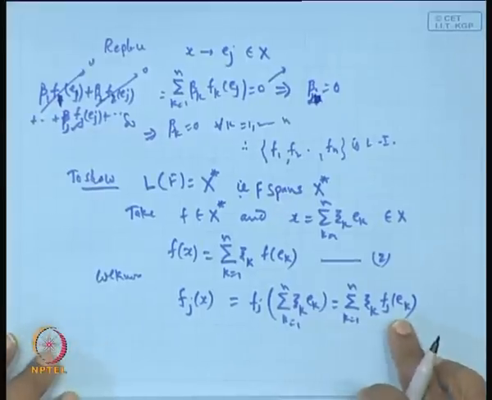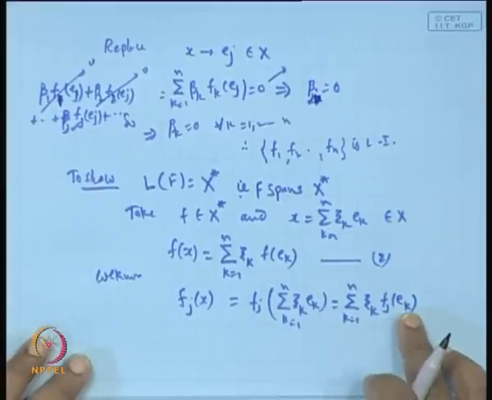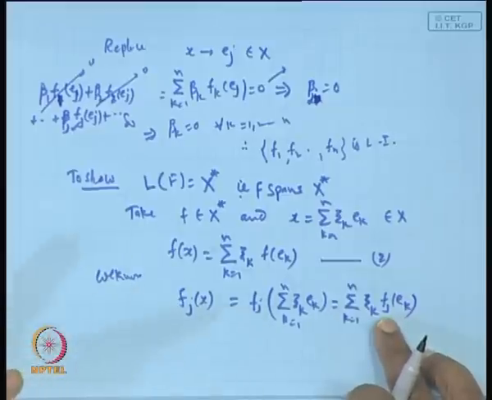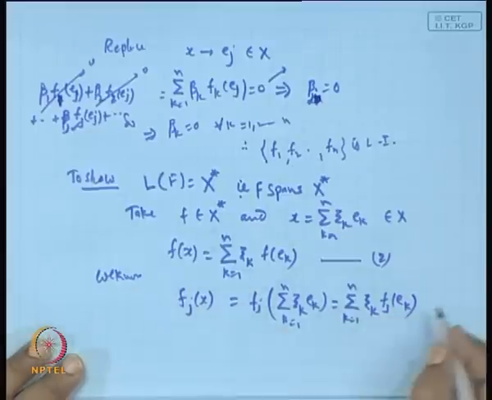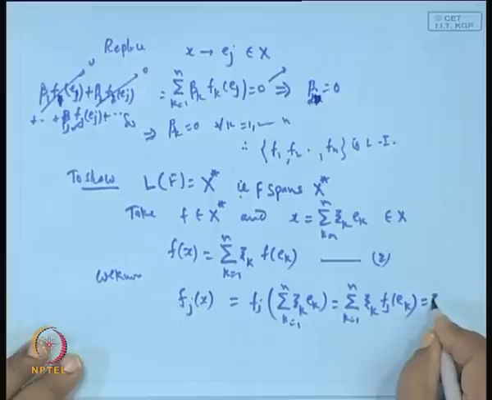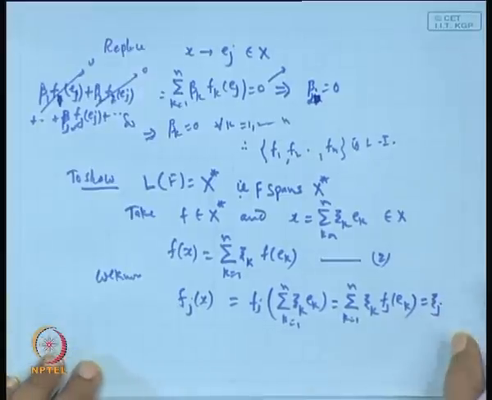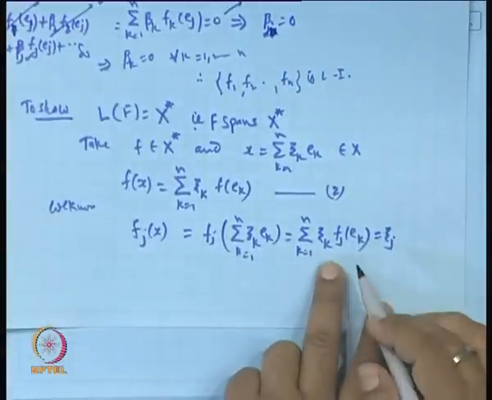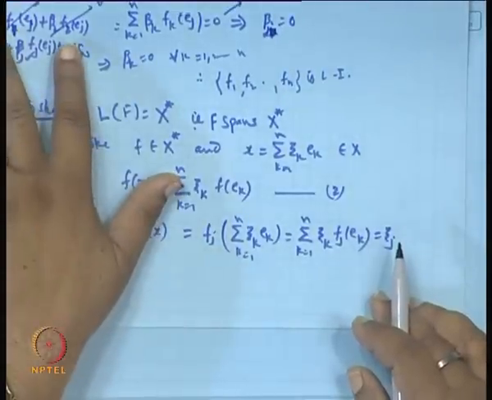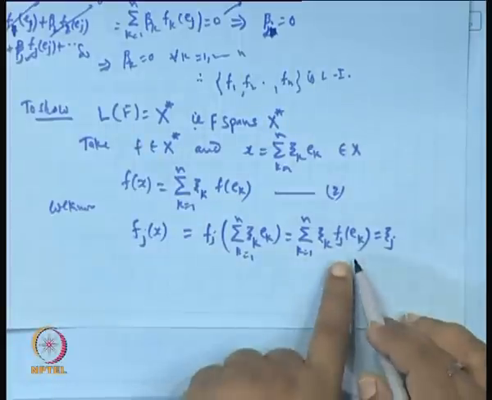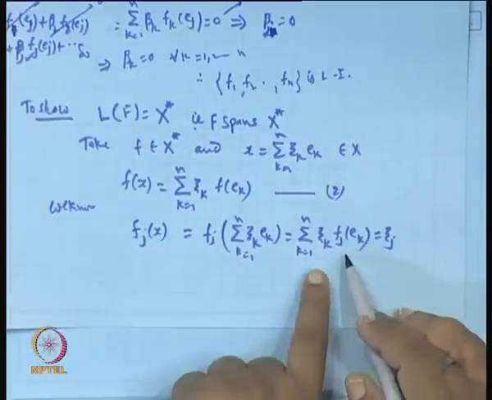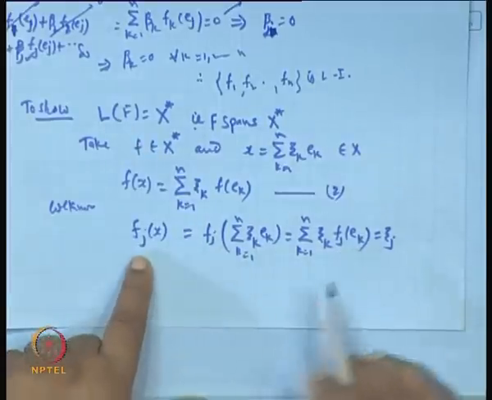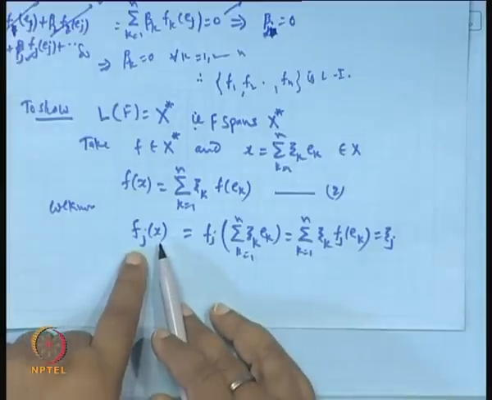Now, f j e k is canonical delta. So when j is equal to k, it is 1, otherwise 0. So basically this is equal to what? xi j. Is it okay or not? Clear? Again, in a similar way, the rest of the part will be 0, and only one term will be left, which is xi j. So xi j can be replaced by f j x.